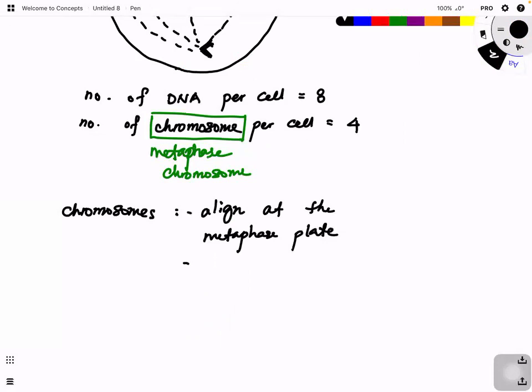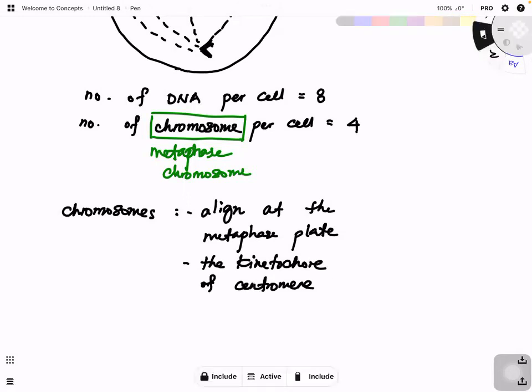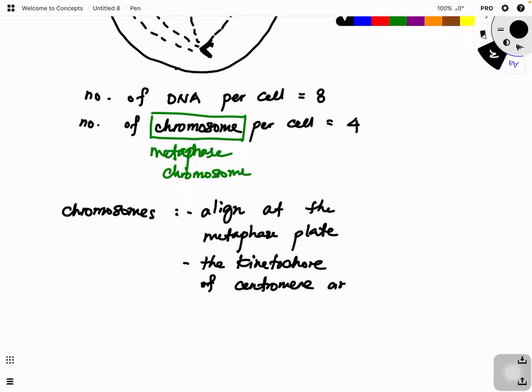And one special event here is that the kinetochore of the centromere are attached to the spindle microtubule. Are you clear? This is the behavior of the chromosome.